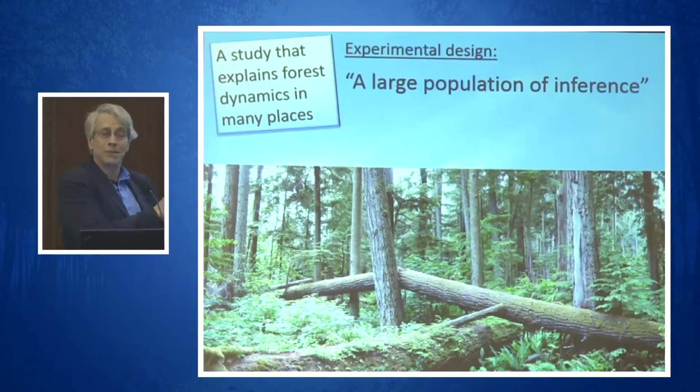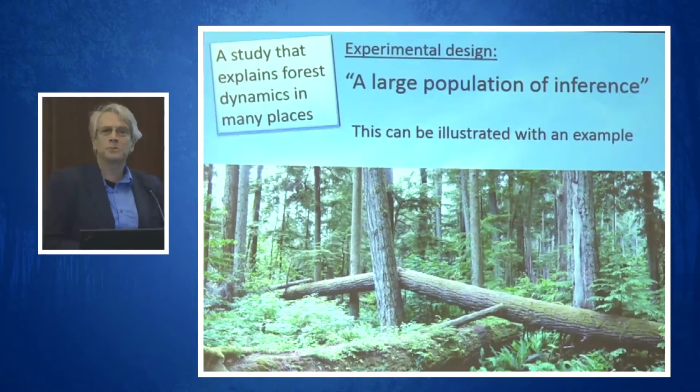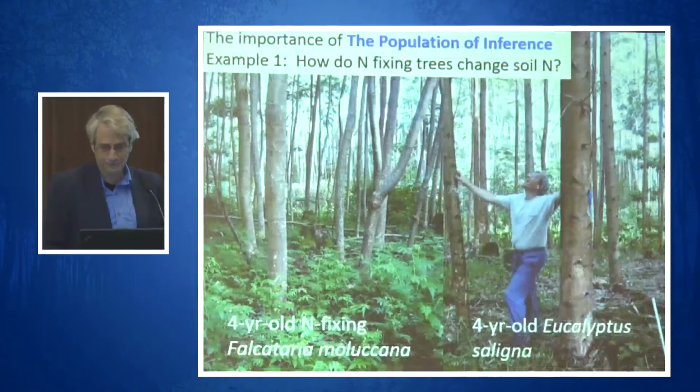And then we design a sampling scheme that samples that area very nicely and honorably without bias, and then we take the information from the sample and we apply it back to a population of inference. Well, I want to explain why this population of inference is something we teach our students, but we have not always paid as much attention to it as scientists as perhaps we should have.